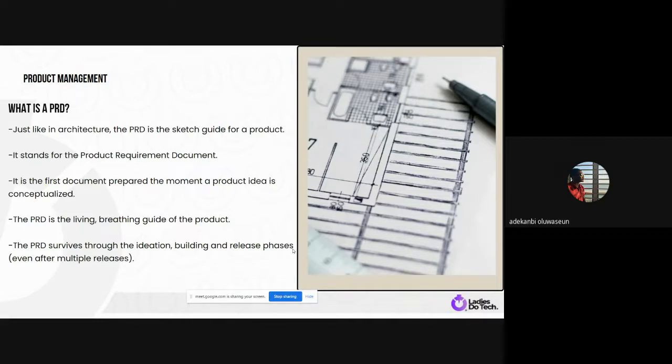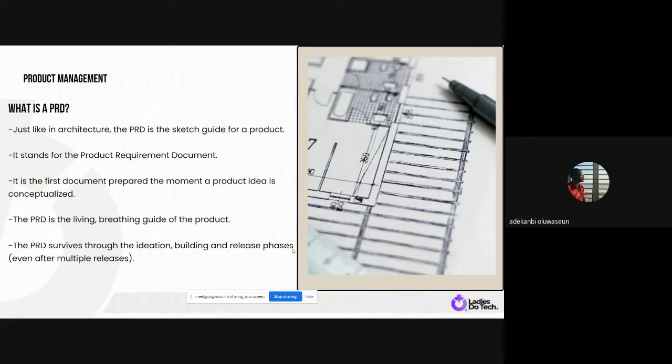And one thing about the PRD is that it survives the product. It is living and breathing. And why do they say living and breathing? It is because at each point of the product's development, you are documenting. For instance, you had an idea, you tested, you documented there. You build, you add that documentation. You release, you did beta testing, you did alpha test.